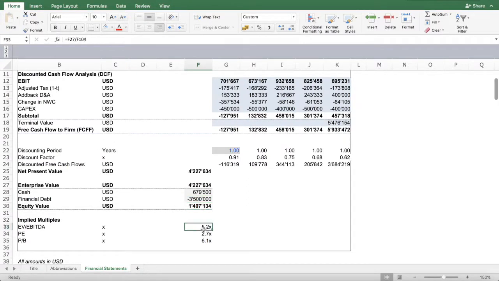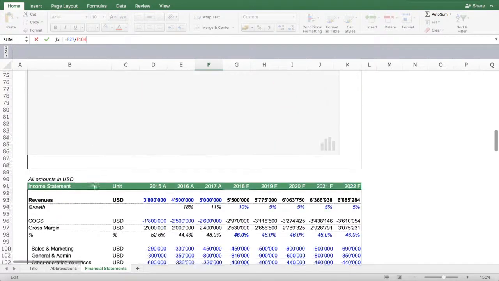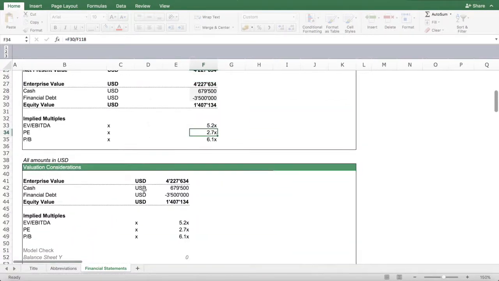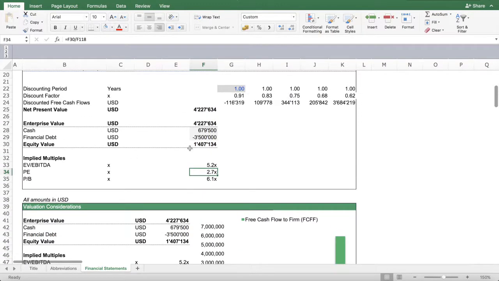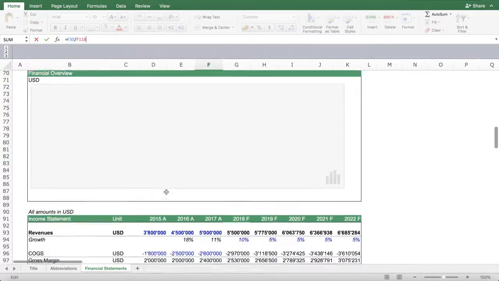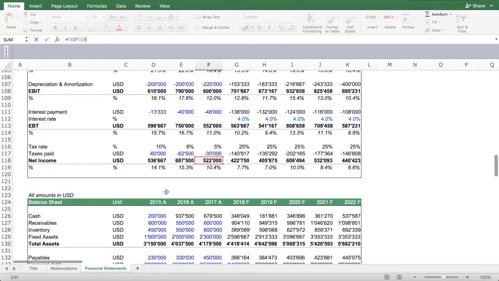The last step is we check what the implied multiples are. We have here enterprise value in relationship to EBITDA. We shortly check what the enterprise value is if we divide by EBITDA. It's basically 5.2. The other ratios we can also shortly check are the P/E ratio and price to book. Here this P/E ratio does not really make a lot of sense.